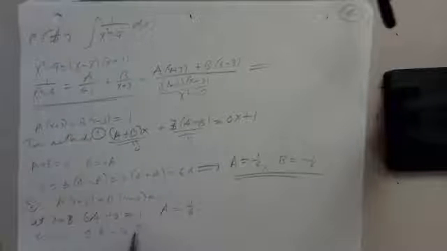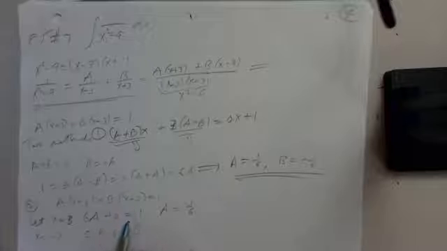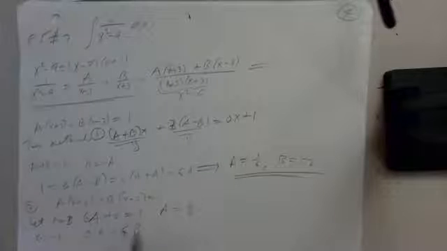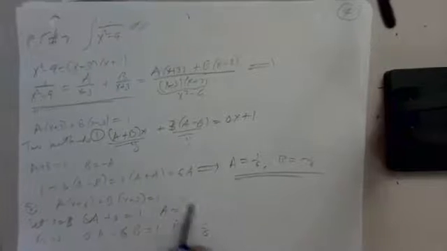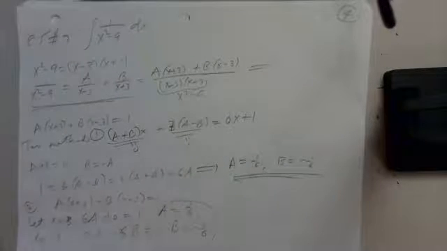And if you let x equal negative 3, this is 0 times a, minus 3b, sorry, minus 6b, equals 1. So b is minus 1/6. So both ways give the same answer, of course. The point is just that there are two different ways to do this.